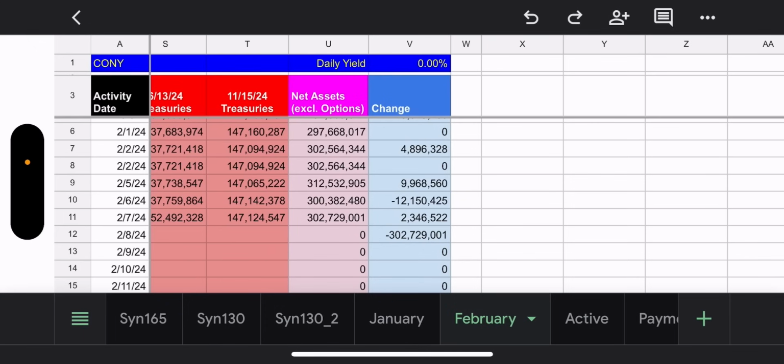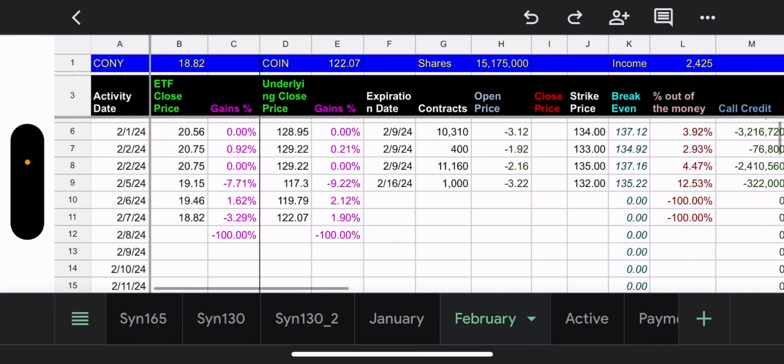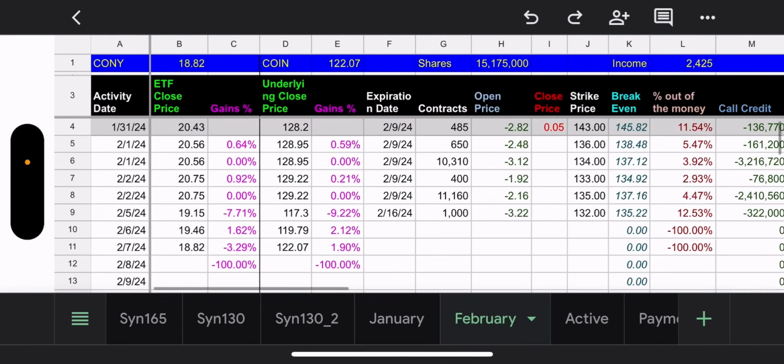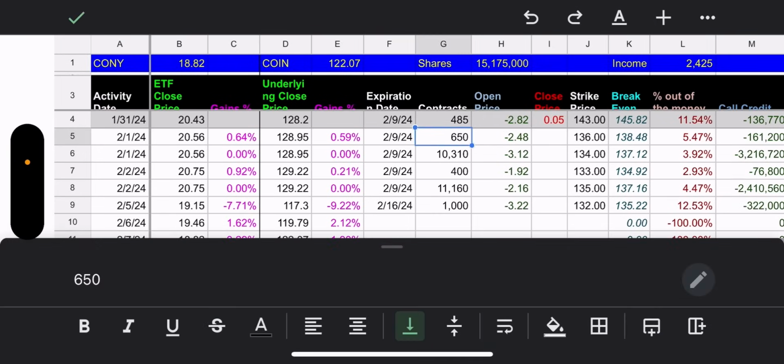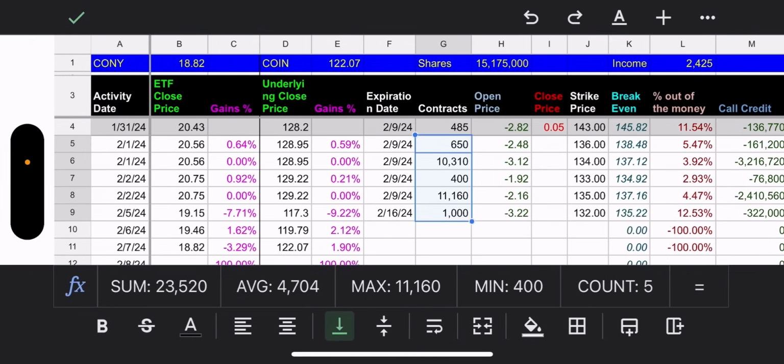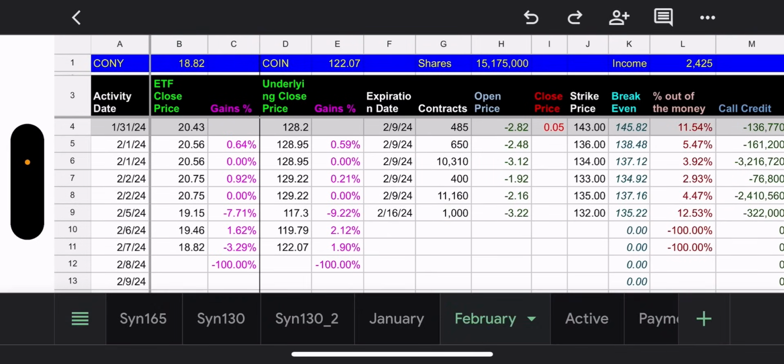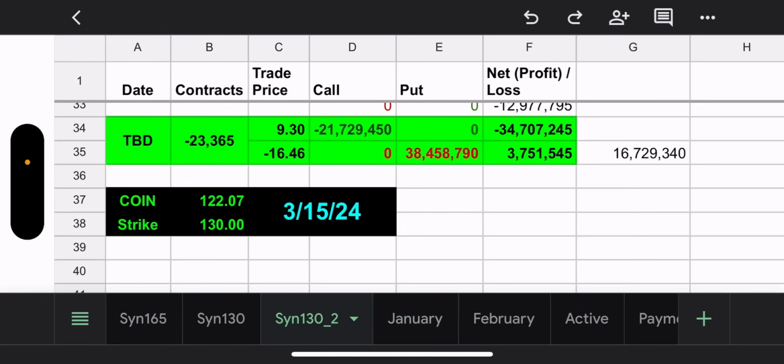So if we go to the February tab, because again, we're done with January, these are the open positions. I removed the 310 contracts. So now we have this. We have 23,520 contracts, okay? We only have 23,365 synthetic positions.